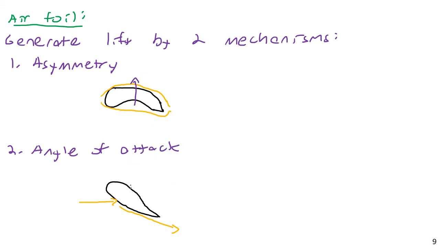These are basically two different schools of thought. You'll see people explain airfoils this way: the first one is asymmetry, based on pressure differences. The other is just a simple action-reaction thing, where you tilt into the wind and it generates lift. But regardless, lift is still a reaction force.